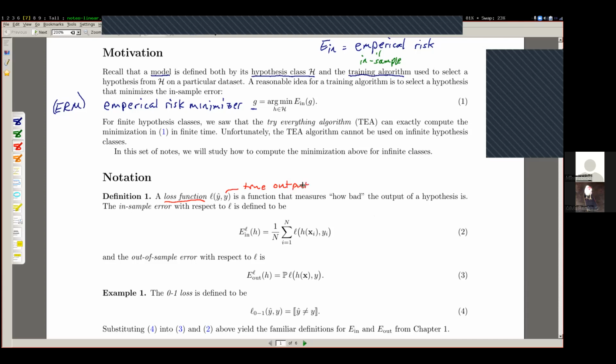And then this y hat, anytime we see a hat, it's estimated from data somehow. The hat means that this value is estimated. So this is the estimated output.